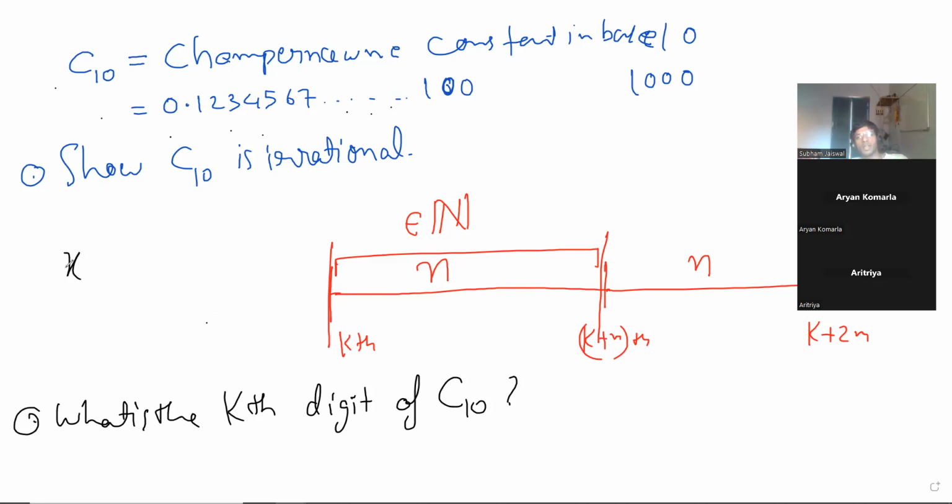If you take any number x, then for any epsilon you can obviously find a rational number close to it. But suppose you take 1 by n, and you want to find a rational number such that this happens, and the denominator qn should not be very large, right?